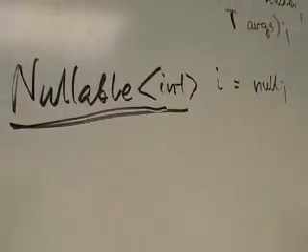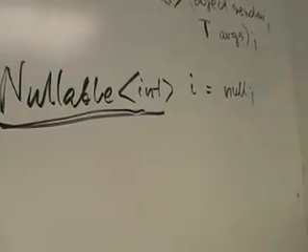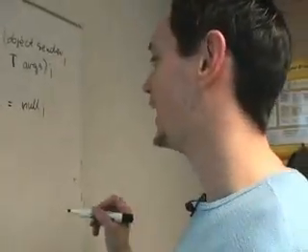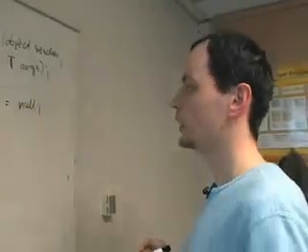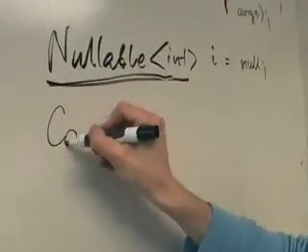So without the compiler support, this statement would be illegal, not valid. But the compiler actually generates an instance of nullable of int and sets its internal Boolean property called HasValue to false, meaning it doesn't have a value. It's a null integer.